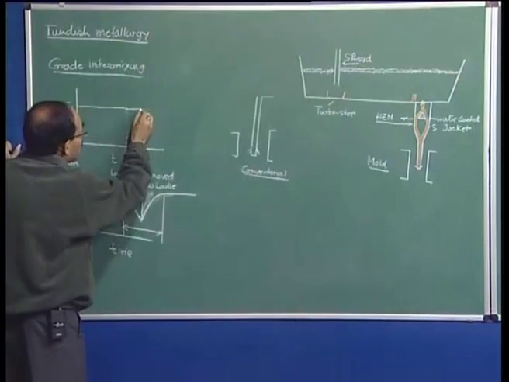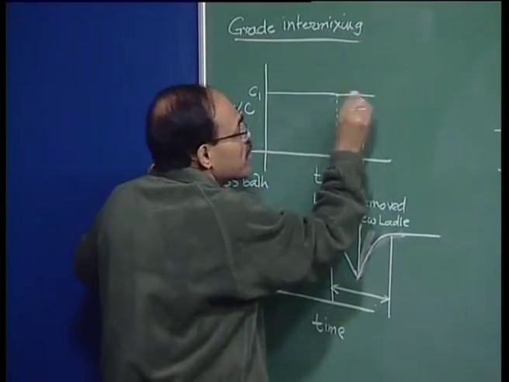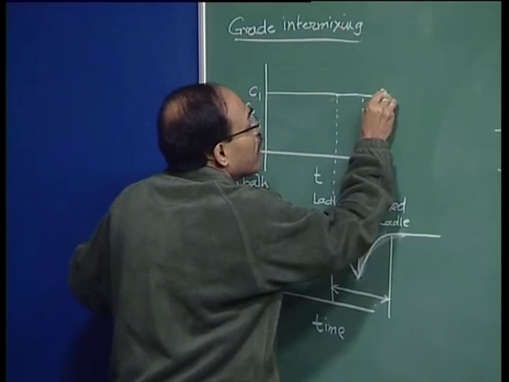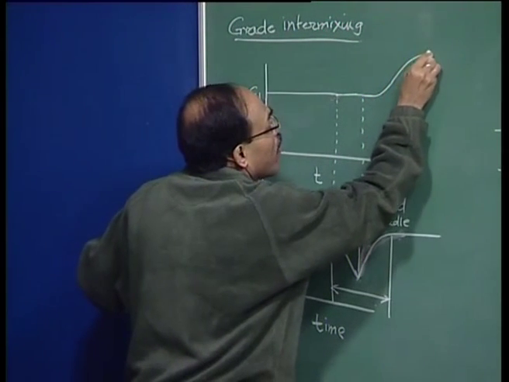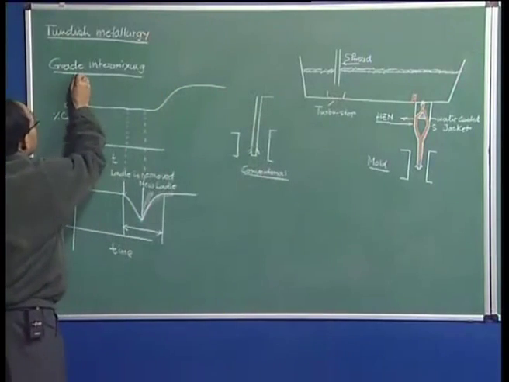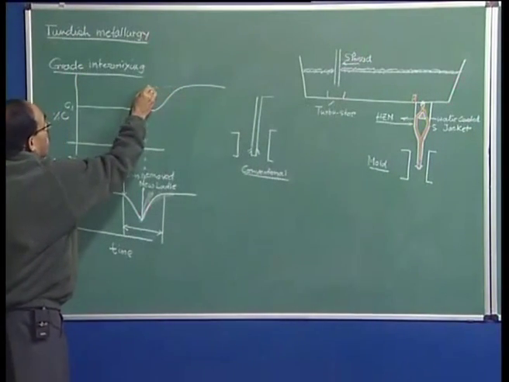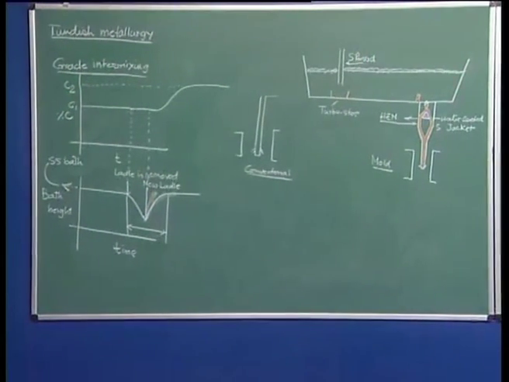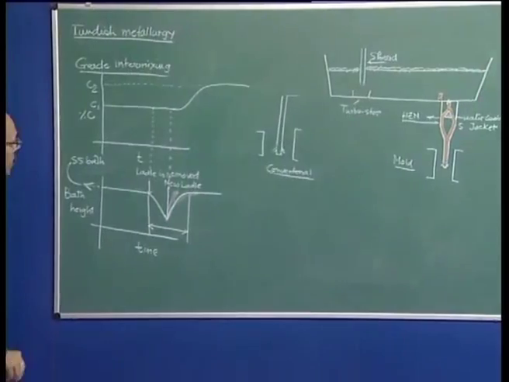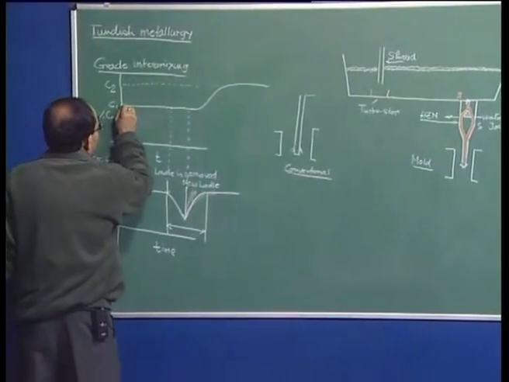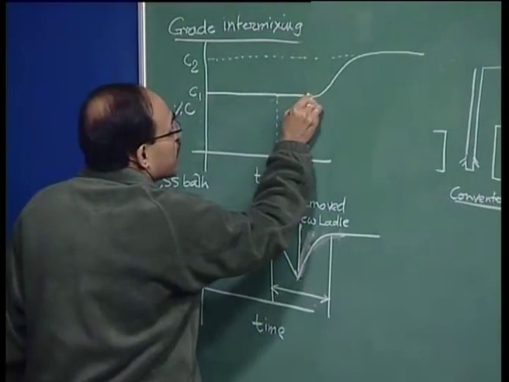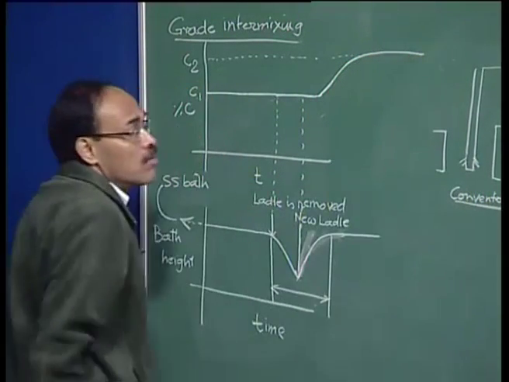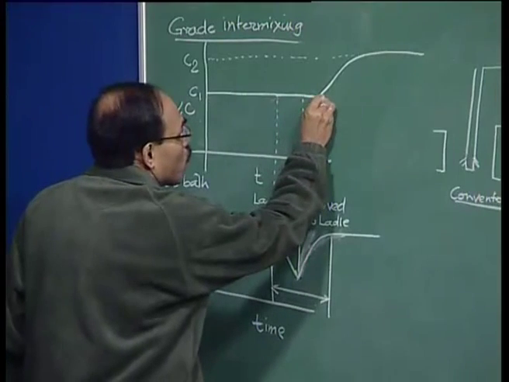The casting is going to continue beyond this for some time, and then gradually the concentration is going to increase, and ultimately it is going to go like this, and this is the new composition, the C2 composition. So, as you can see, I have concentration remaining constant here, and then the percentage carbon changing. So, for some duration, therefore, what is the duration?